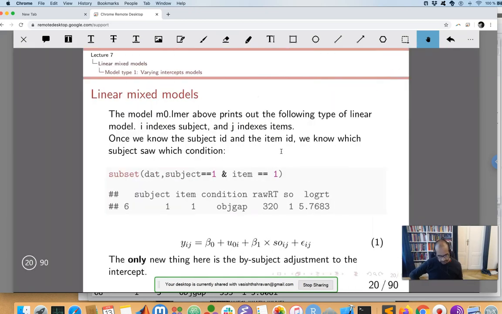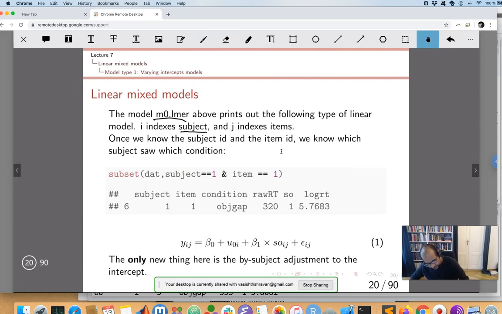Okay, so the model that I just fit, this model called m0.elmer, can be represented mathematically in the following way. Suppose that I identify each of the subjects.